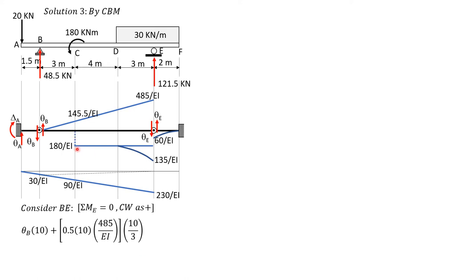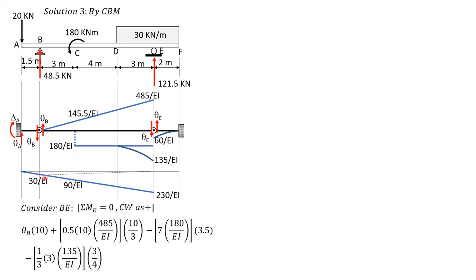Then minus the moment of this rectangular area for the couple, 7 times 180 over EI times 3.5. Minus this spandrel, 1/3 of 3 times 135 over EI times the moment arm 3 over 4 or 0.75.